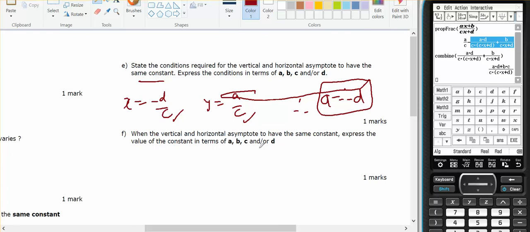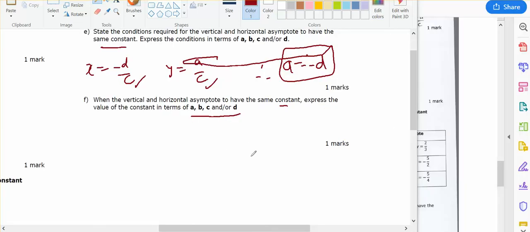When the vertical and horizontal have the same constant, express the value of the constant in terms of A, B, C, and D. So the only way that they will have the same constant is if A equals minus D. So that if you've got 3x plus 1 on top of 2x, then this has to be minus 3.